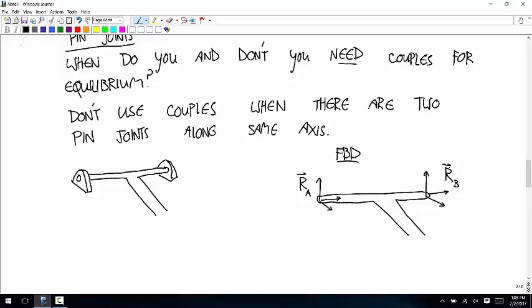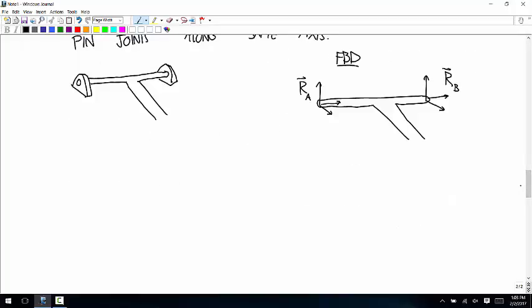That's right. So let me draw a picture of one where one of these pin joints does apply thrust. Would that mean that in your free body diagram there should be a horizontal component? Oh yeah, right. Yes, very good.